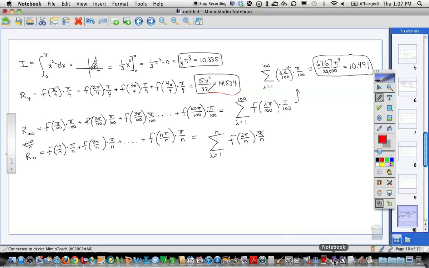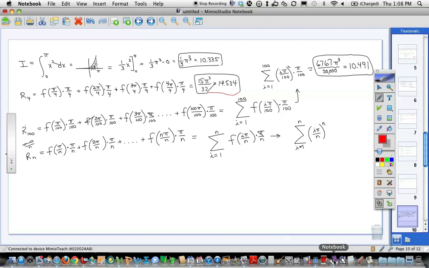And now let's take it out of f notation, which means what? Plug that into the function, means square it. So this is going to be sigma i equals 1 to n, i pi over n squared.